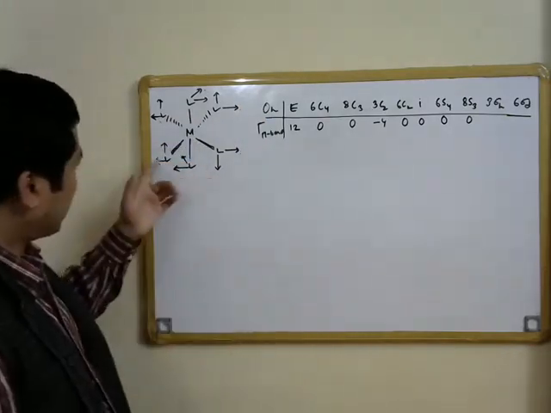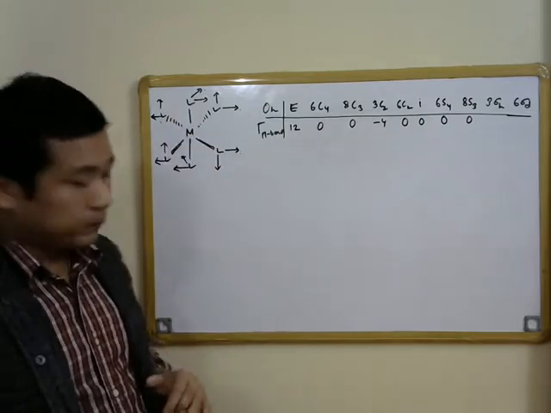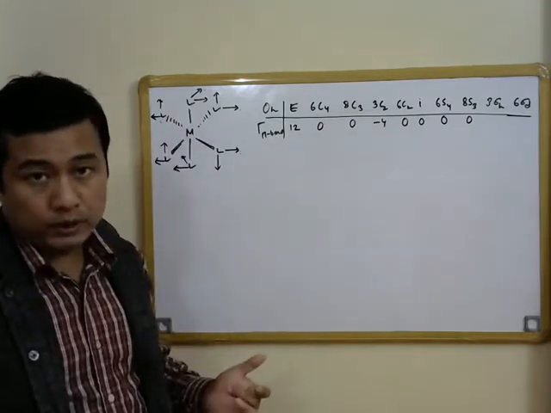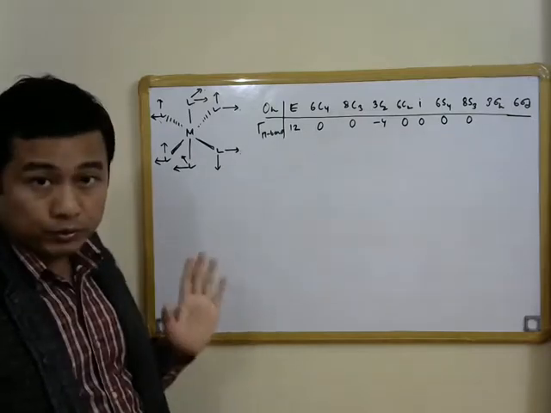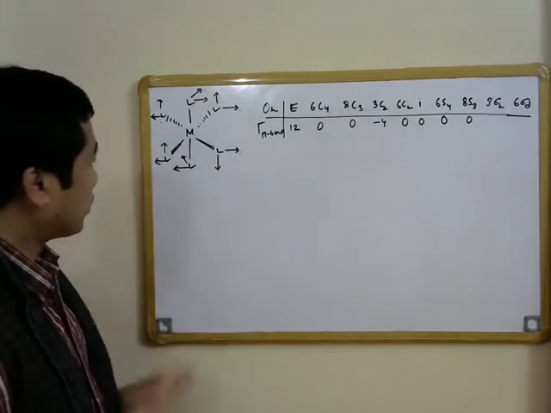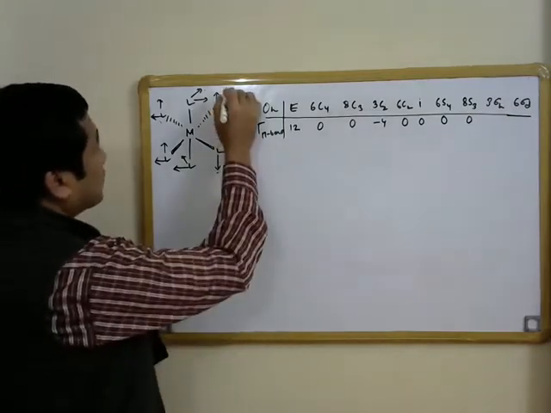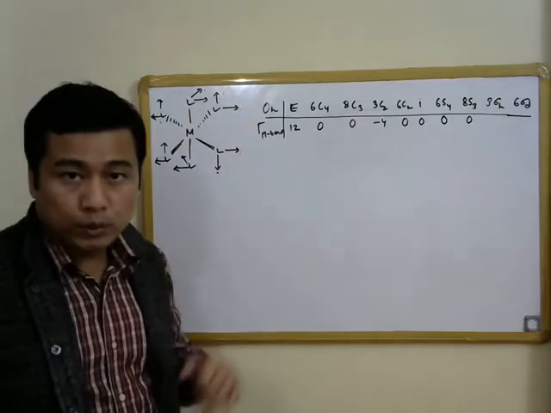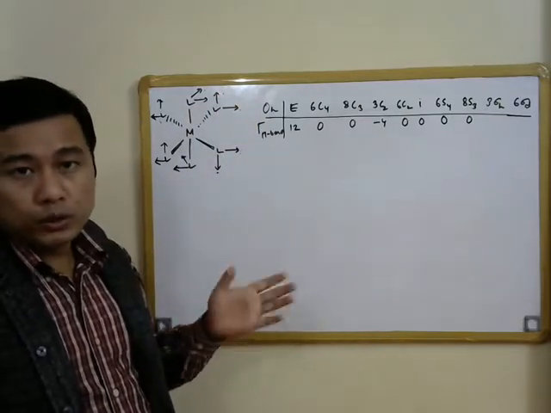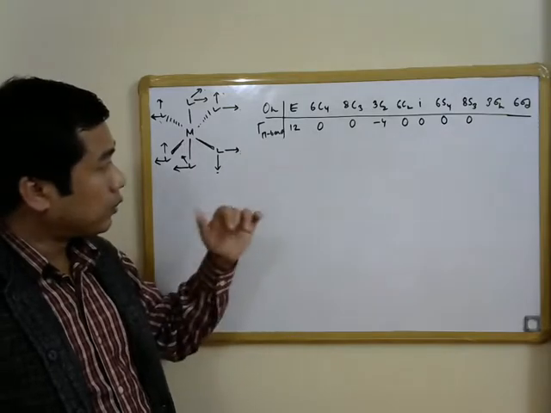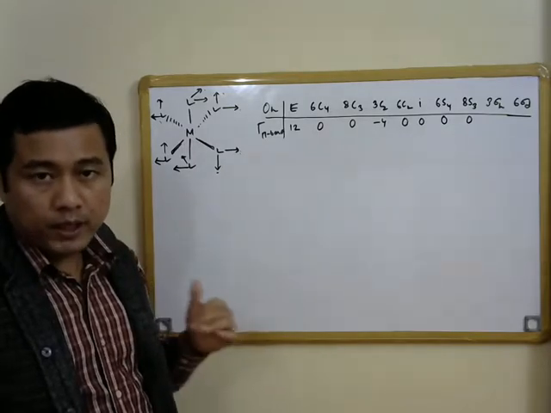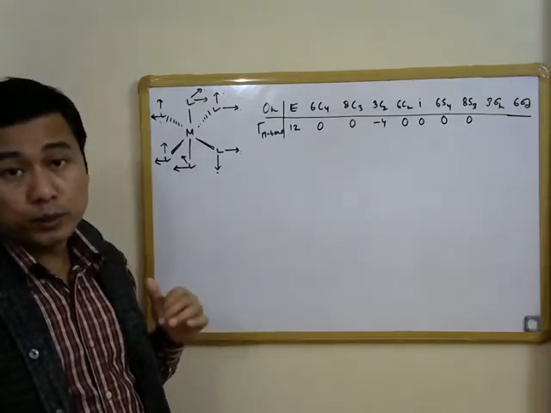So 4 of these bond vectors on the equatorial plane are going to contribute +1 each, giving +4. But the bond vectors which lie perpendicular to the plane of the board get reversed when we do sigma h, and that is why these vectors contribute -1.